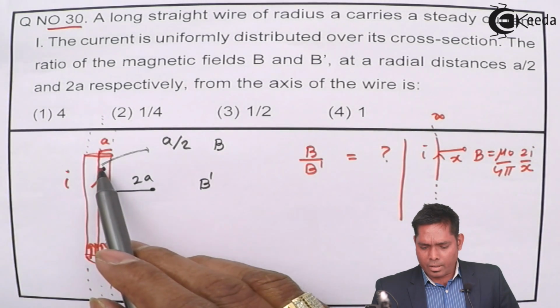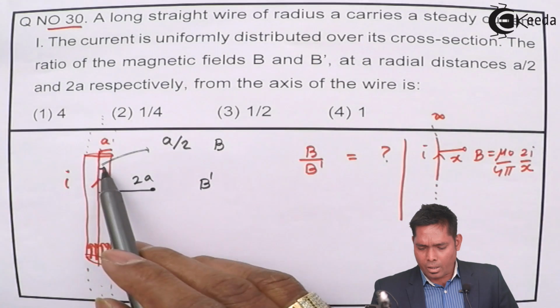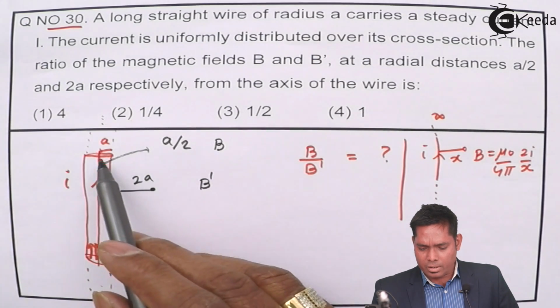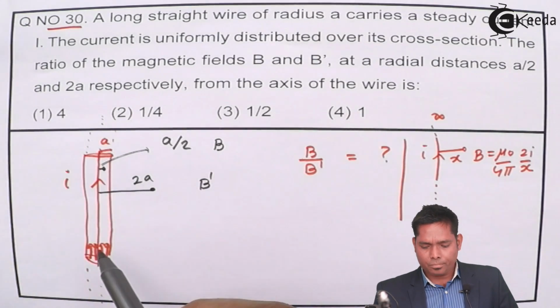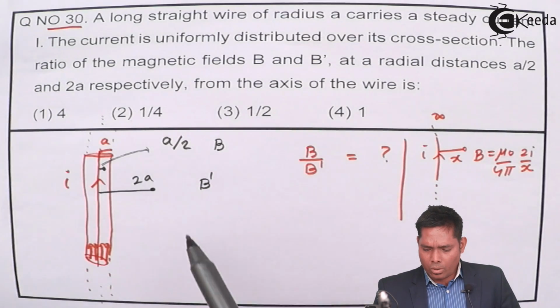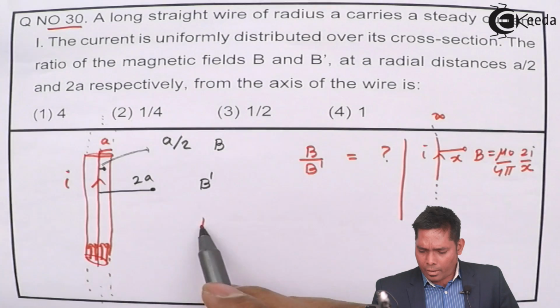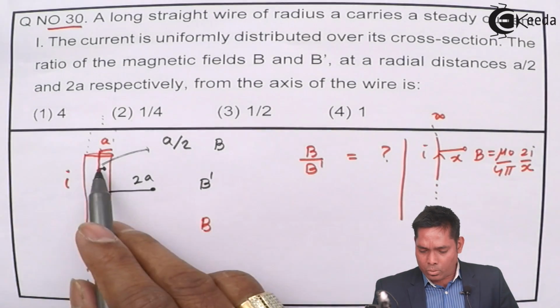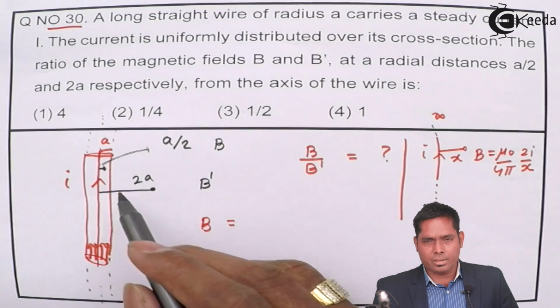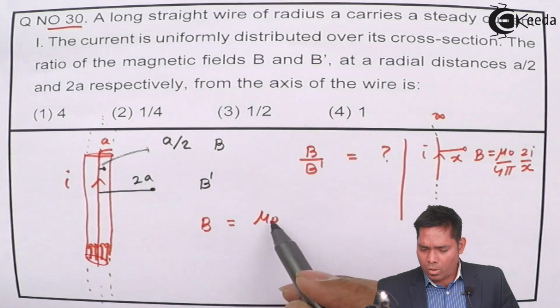Our aim is to find B at a point which is at a distance A by 2 from the axis.